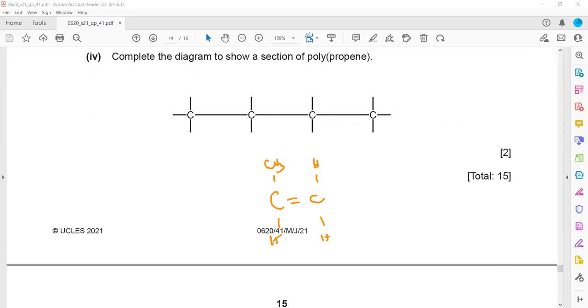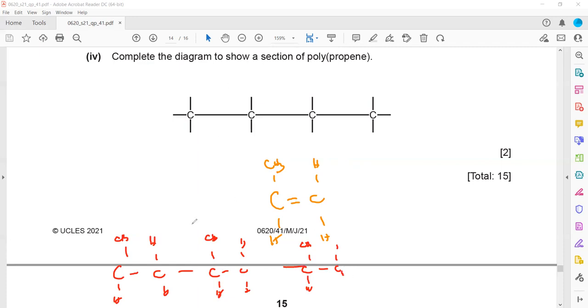And then to draw an addition polymer, what do we do? We draw the same structure, but without a double bond. And we link them together. And this will be the long chain compound.